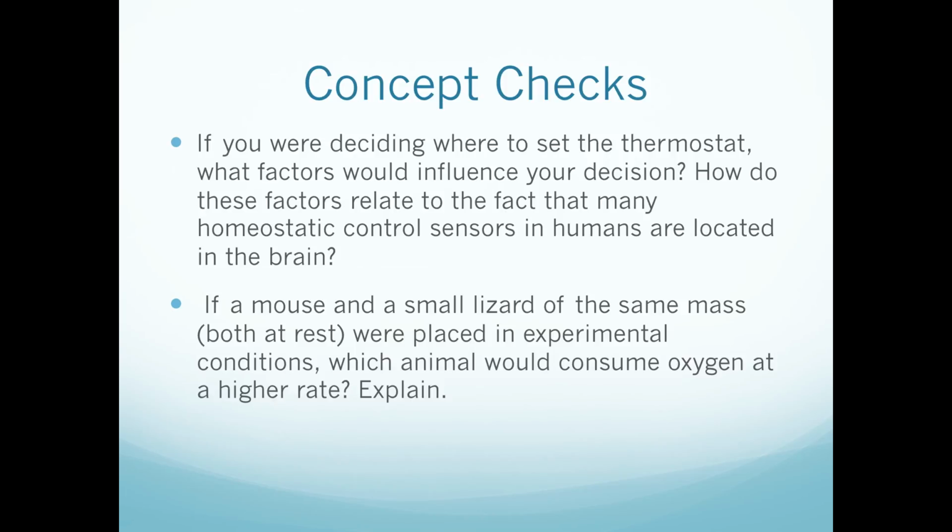If you think about this idea, the small lizard, under the same environmental conditions, should have a higher Q10 value because as it's being heated up, it's going to have higher metabolic functions, which requires the organism to consume more oxygen.